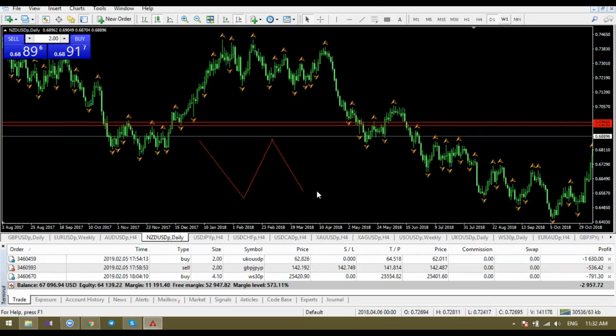When the bars move up or down in one direction, we call it a wave. In this wave, the minor things inside it are not important. This is a wave, and this is a wave, and this is a wave.